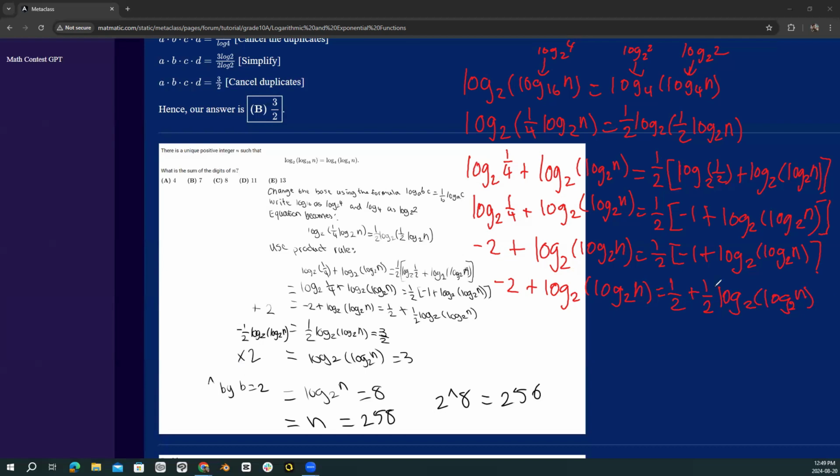Okay, so now that we've removed the square brackets from our right side of the equation, we can add 2 to both sides of the equation.